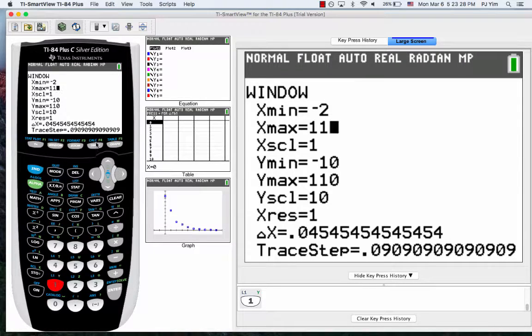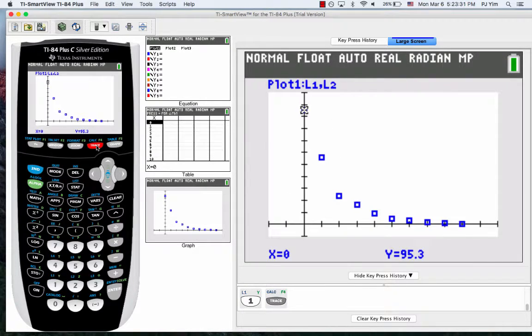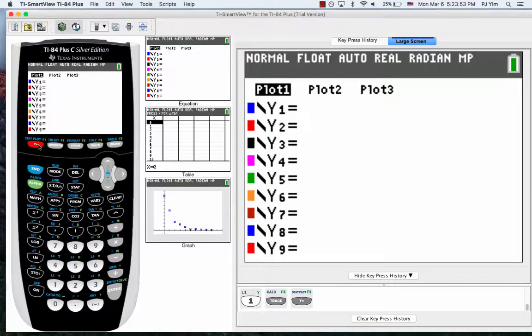When you trace or graph, it doesn't matter which one, you can easily see that it graphed it for you, and it looks pretty much like an exponential decay function, doesn't it? What else we could do is type in the equation to see if it fits nicely. Go back to Y equals. Do you remember the formula, guys?